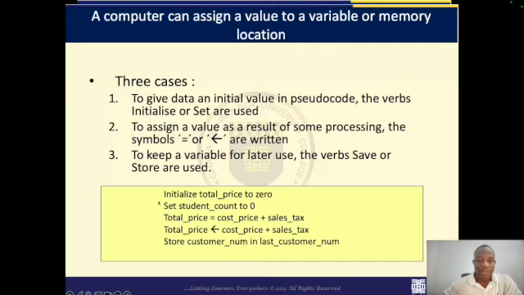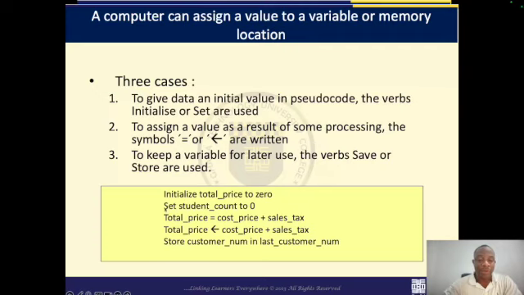So for instance, in the first example, we say initialize total price to 0. What it means is that there is a variable called total price, and you want to put the value 0 into total price. So when you state initialize total price to 0, it means put the value 0 into the variable total price.